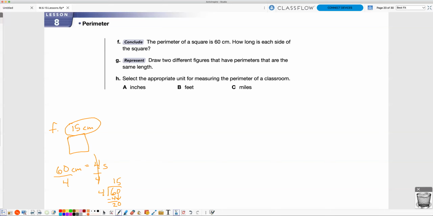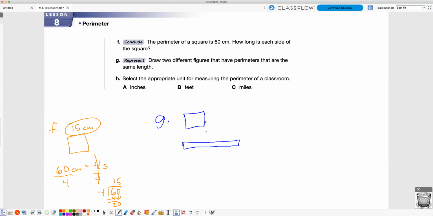For letter G, you have to draw 2 different figures that have perimeters that are the same length. It could be a square, and you could even have a rectangle, for example.